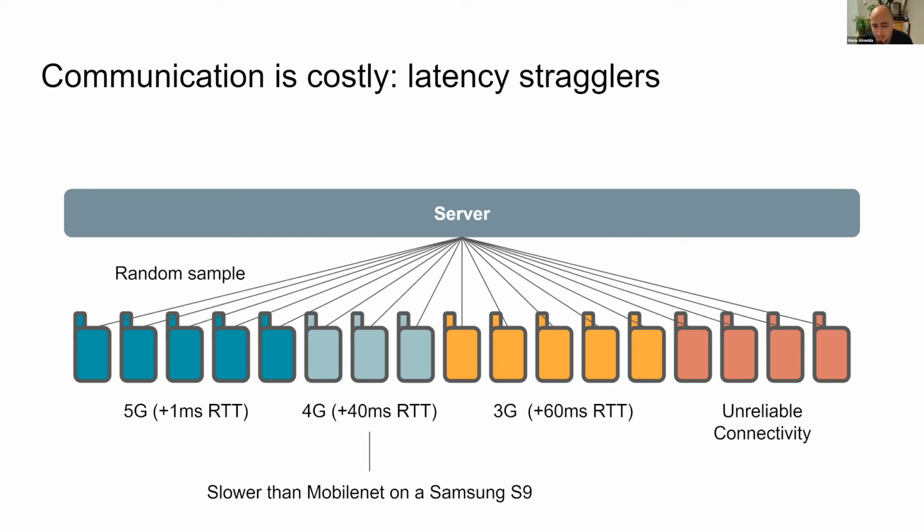But the thing here that is interesting is that 40 milliseconds is actually slower than the time it takes to make inference with the MobileNet model on a Samsung S9. So you can see that latency plays a very important role when doing federated learning on mobile devices.